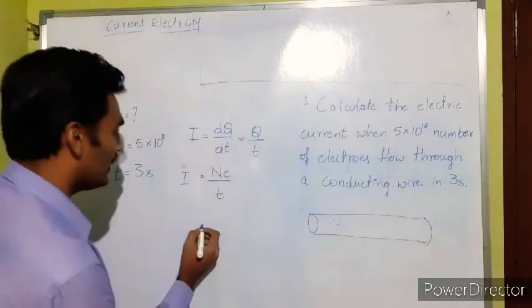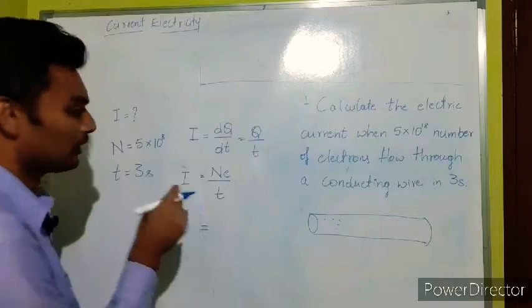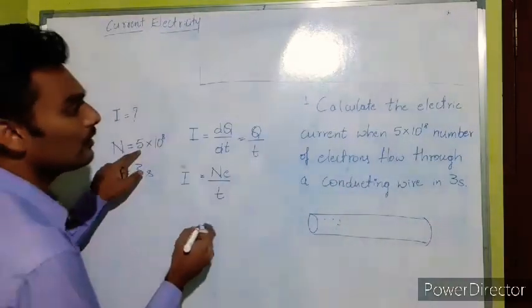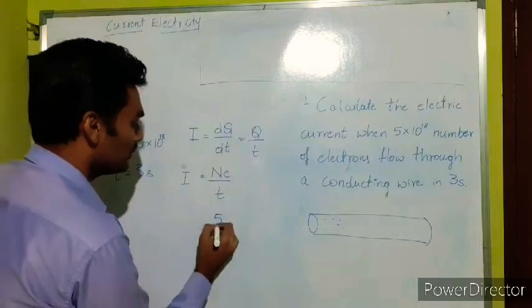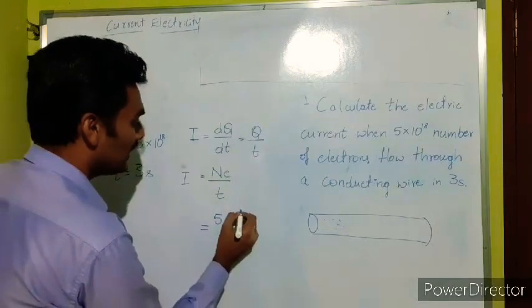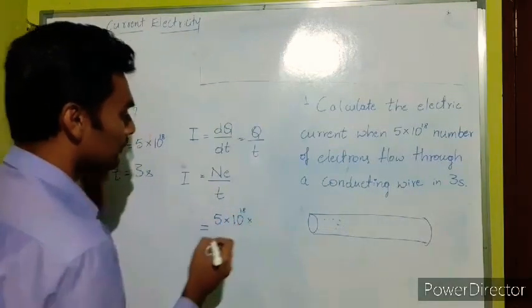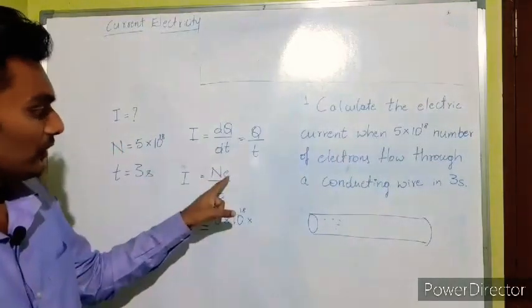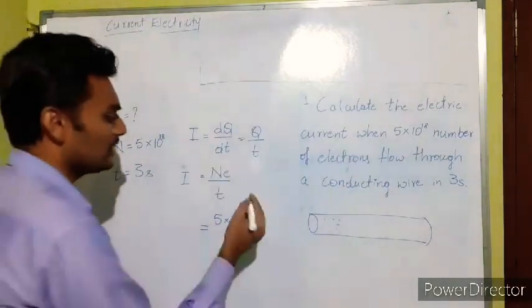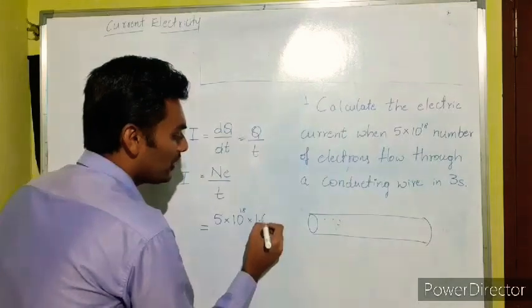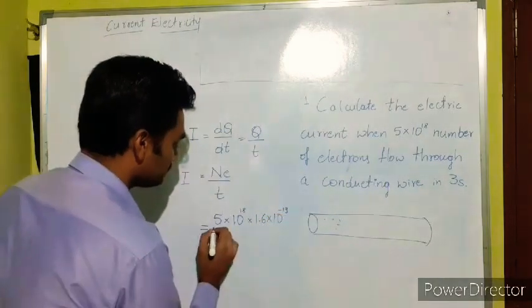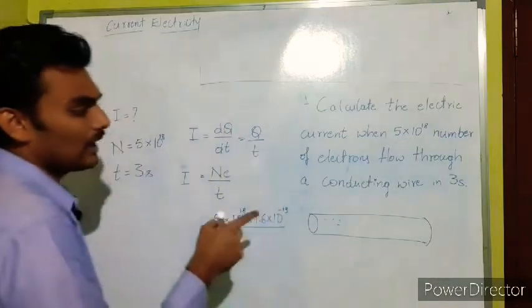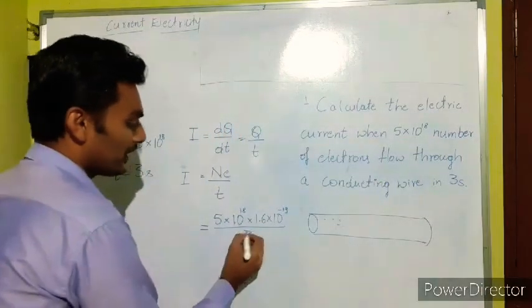Is the value of n given, the number of electrons flowing? Yes, it is given. It is 5 into 10 to the power of 18 electrons flowing. The charge of each electron is 1.6 into 10 to the power of minus 19 coulomb, divided by the time taken, which is 3 seconds.